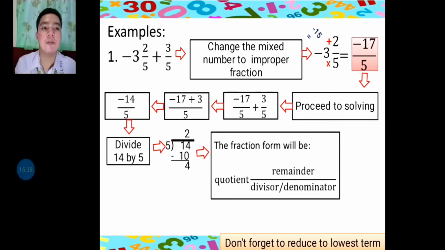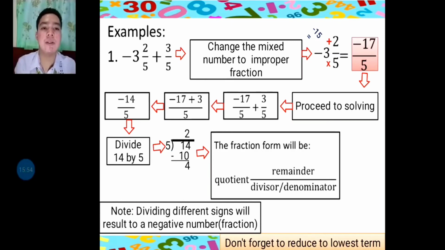Now, what will be our answer in fraction form? So the fraction form will be, the whole number is our quotient, the numerator is the remainder, the divisor or the denominator will be our denominator on our answer. So note, dividing different signs will result to a negative fraction, as I said earlier. We have different signs, negative 14 and positive 5.